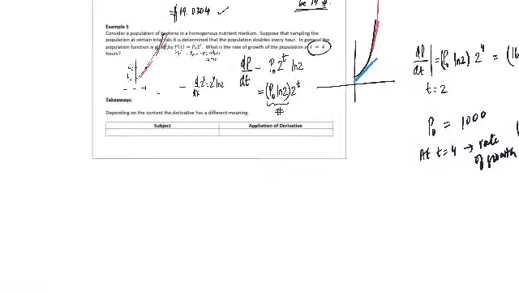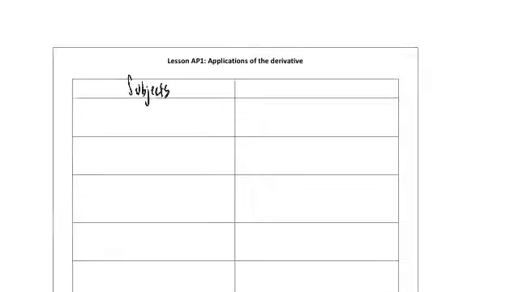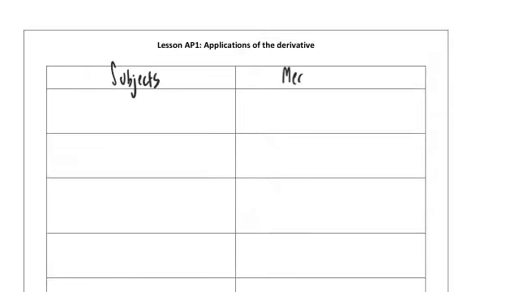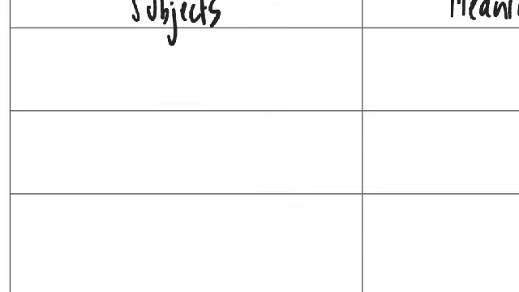Okay, so I hope that I've convinced you that the derivative is widely applicable to all kinds of subjects, and that the meaning of the derivative is going to depend on the context that you're in. So in physics, the derivative is used for an incredible number of quantities that are important.